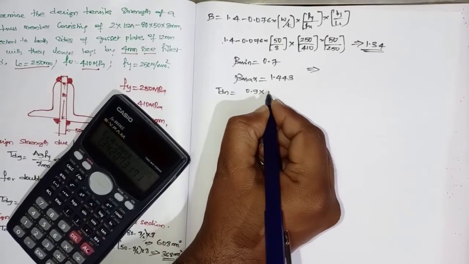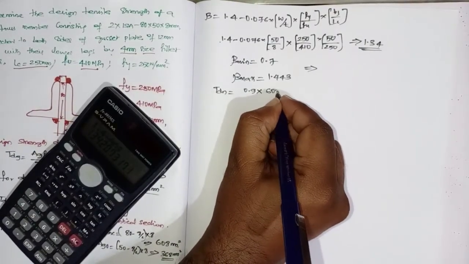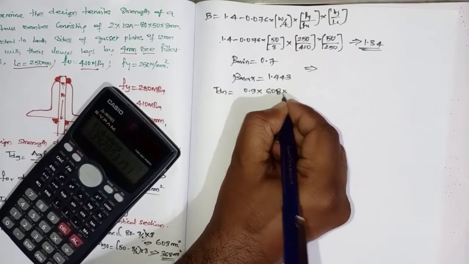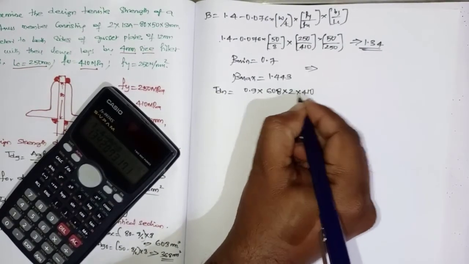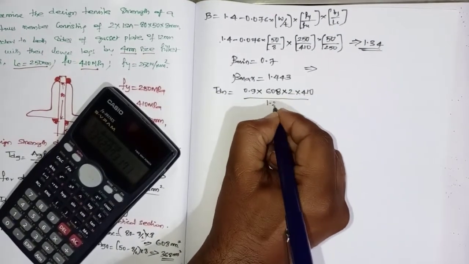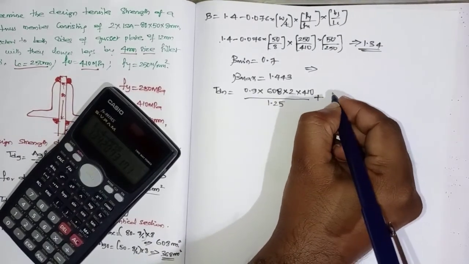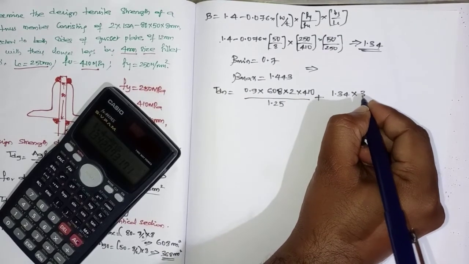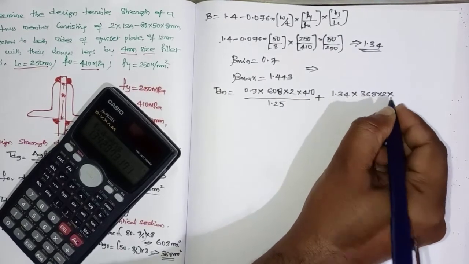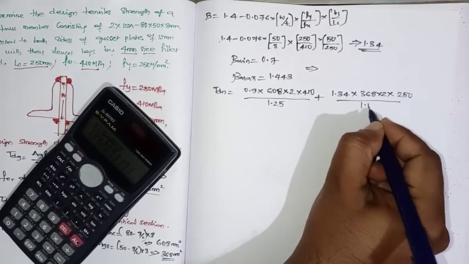0.9, connected leg area 608, but 2, right, double angle, so into 2 into 410 divided by 1.25 plus beta is 1.34 into what is the area? 368 into 2 into Fy 250 divided by 1.10.